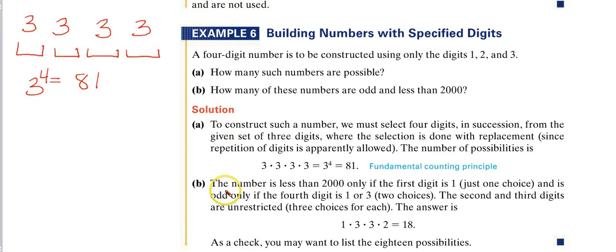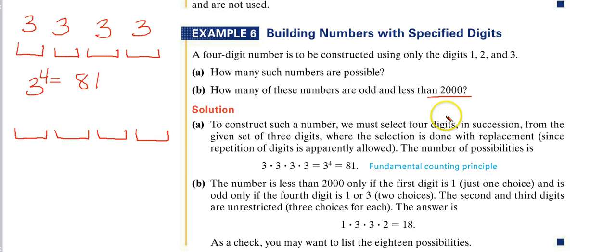Now, how about if the number is less than 2,000? We have to look at this one. How many of these numbers are odd and less than 2,000? Well, in order for it to be, and let me set that up here.